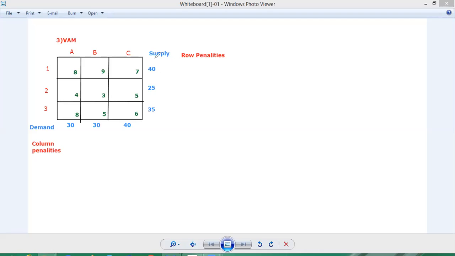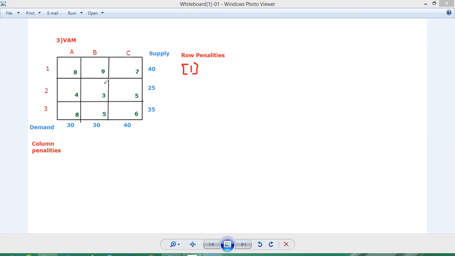First we will find the row penalties. In this first row, we have to see which is the minimum value. This 7 is the minimum value, and the next minimum value is this 8. So we have to take the difference between these two values. What will be the difference? It is 1.